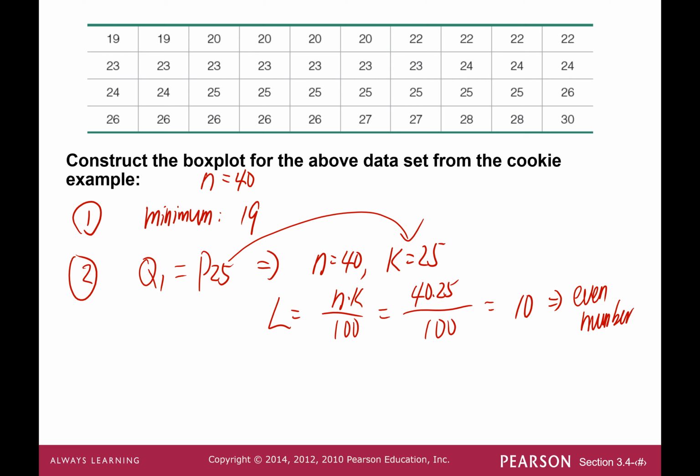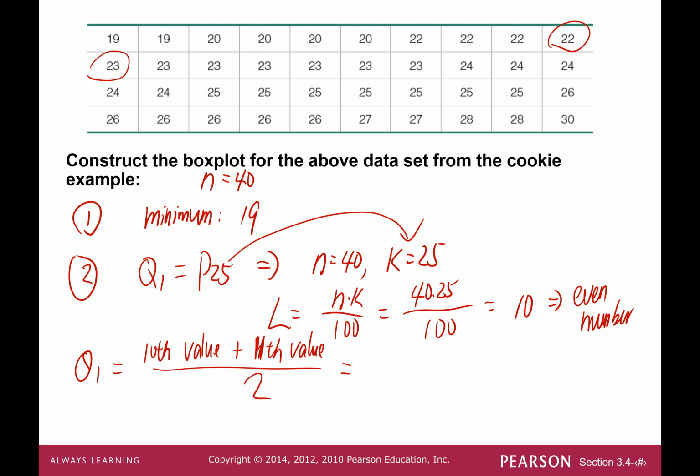That means we average the 10th data value and the 11th value. So quartile 1 equals the 10th value plus the 11th value, divided by 2. Now let's go to the table and see which one is the 10th data value. 22 is the 10th data value: 2, 3, 4, 5, 6, 7, 8, 9, 10.